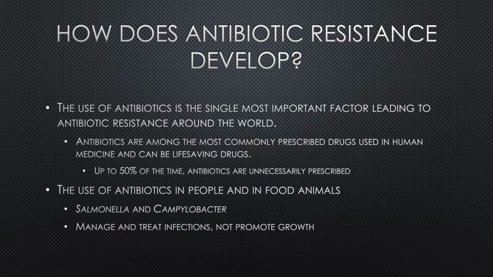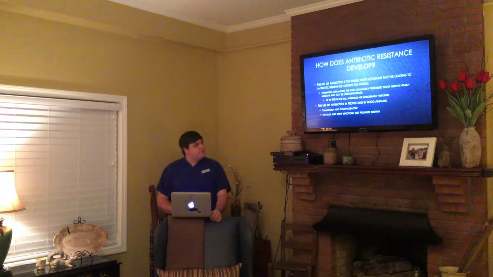Antibiotics are used in people and in food animals; Salmonella and Campylobacter are also treated with antibiotics. It's important to manage and treat infections and not to promote growth, which is what antibiotics can do.